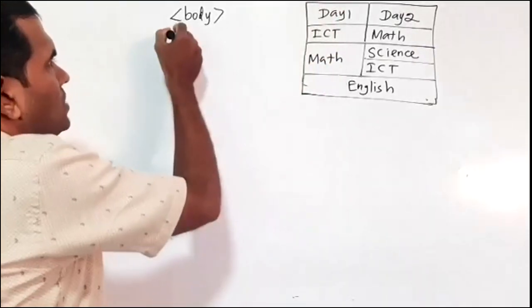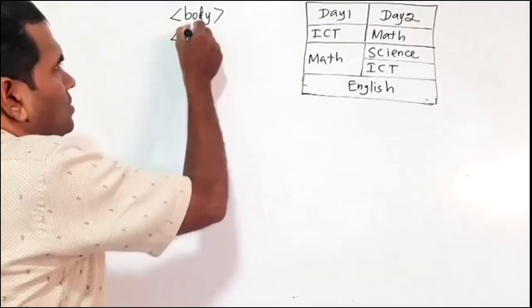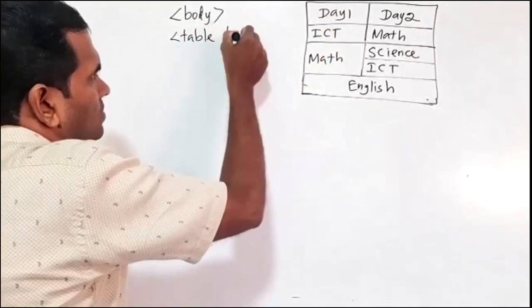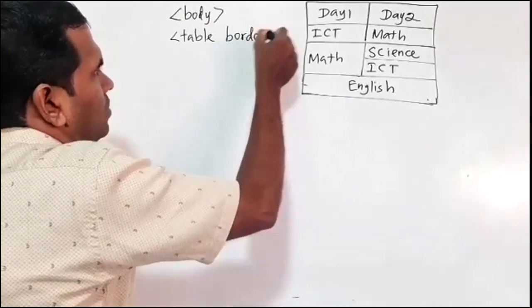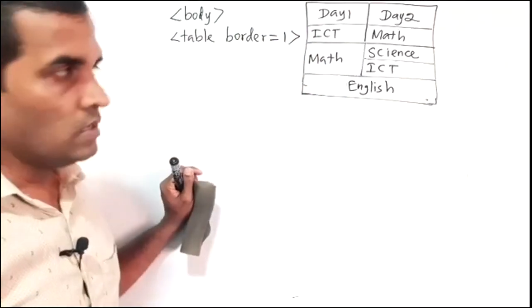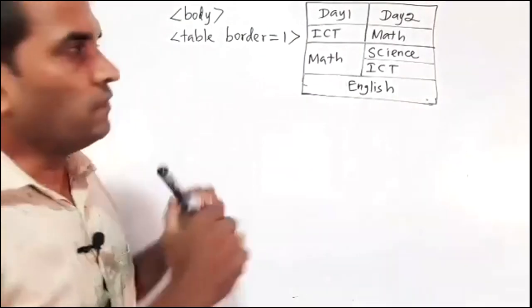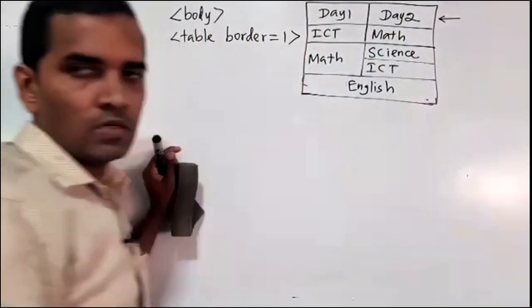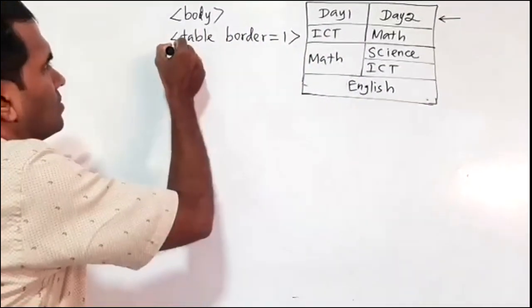Then straight away table. We have a border, so border equals 1. Right, so let's create the first row. I'm going to create this row. This is tr.